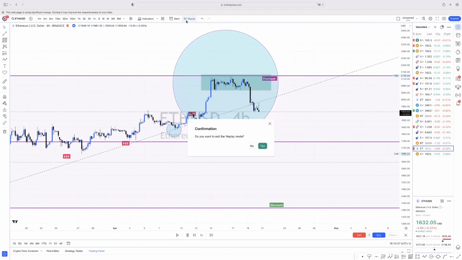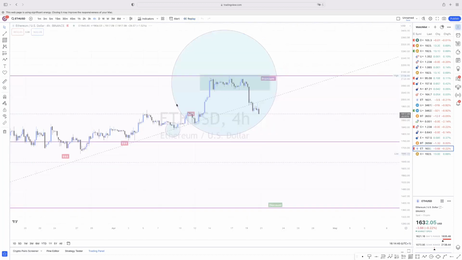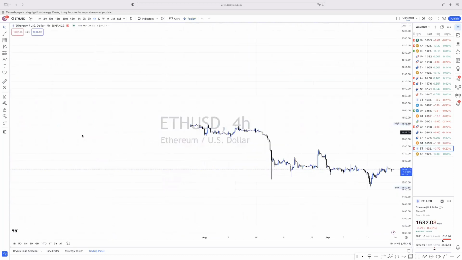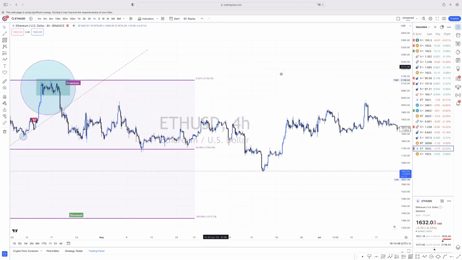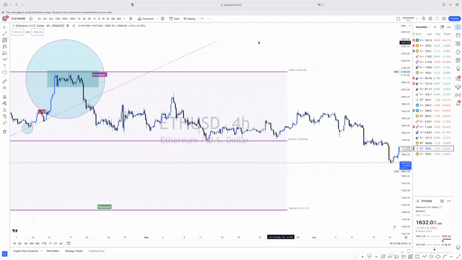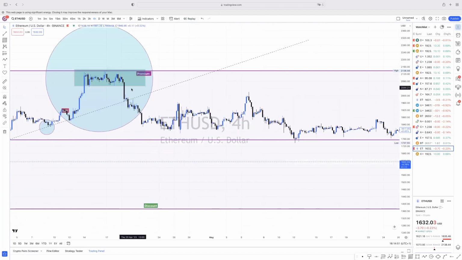Now, guys, let me play this back and show you what I am looking at in this area. Let's go back to that particular area. This is the very first candle that actually closed below that area.